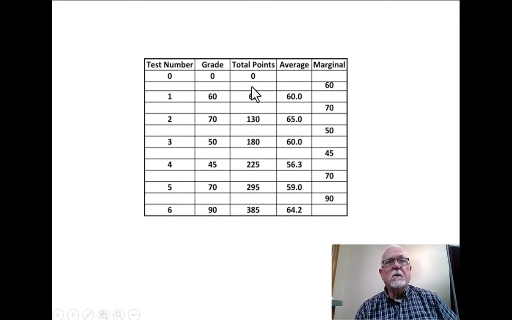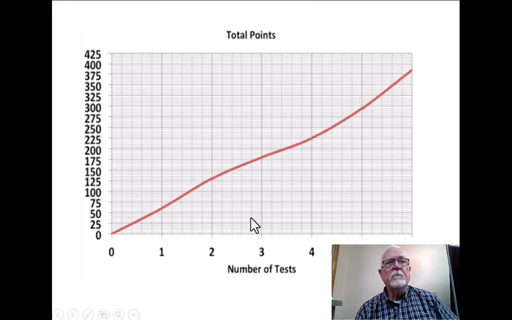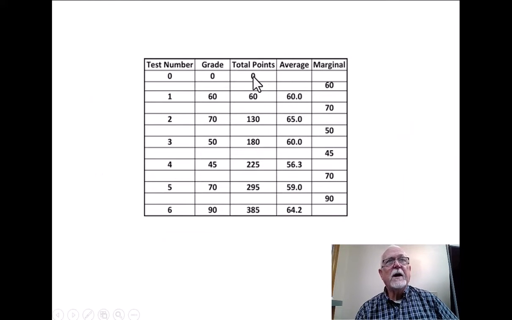So let's take this data, and first we'll look at the total graph. After the first test, we've got this endpoint here, second test, third test, fourth test, fifth test, sixth test. And again, we can go back.